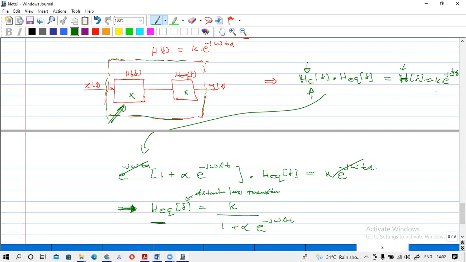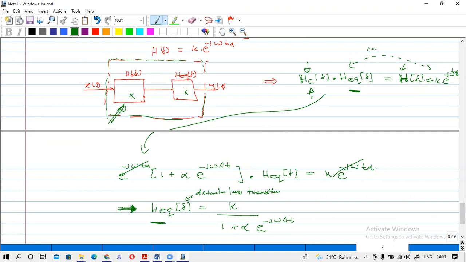So here we have used the distortionless condition, H_C(f) H_EQ(f) equal to K e to the power minus j omega TD. That is the condition for distortionless transmission.